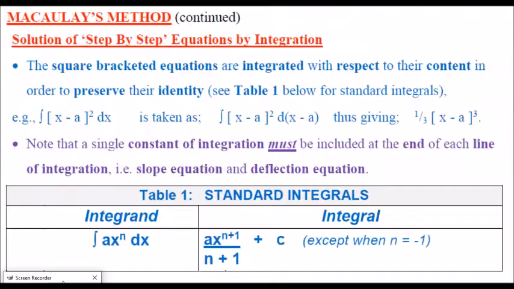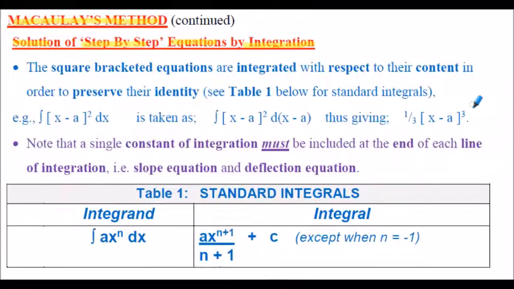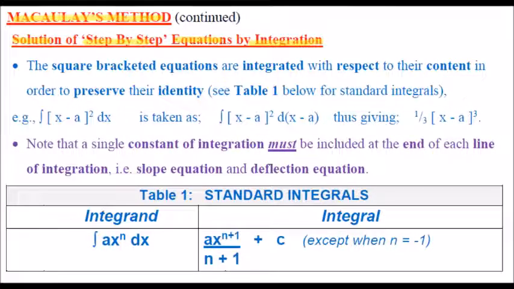Macaulay's method continued. Solution of the step-by-step equations by integration. The square bracket equations are integrated with respect to their contents in order to preserve their identity, and the process we use for the integration is shown in table 1 for the standard integrand shown as ax to the n.